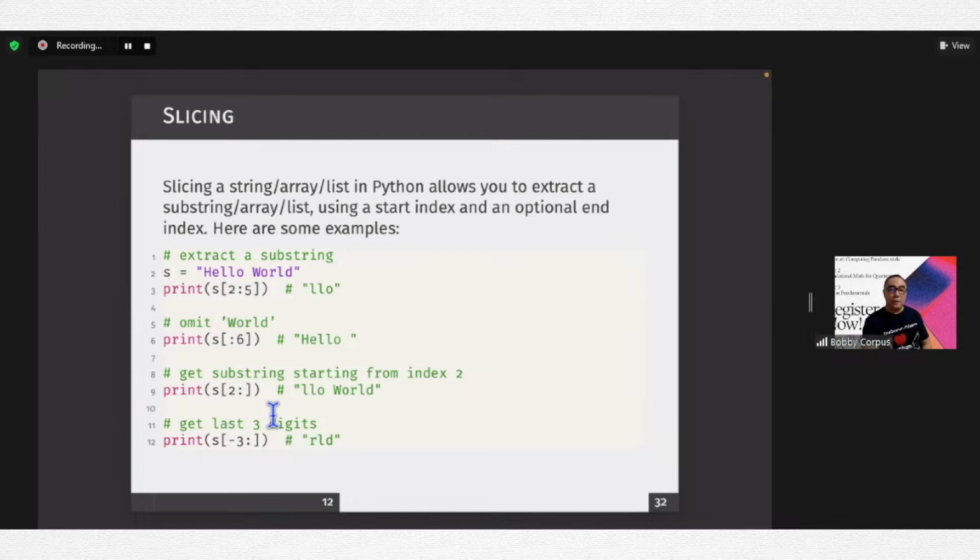And then you can also index using negative numbers. So ibig sabihin, pabaliktad naman, no? So for example here, if you want to print the last 3 characters, then you do this.